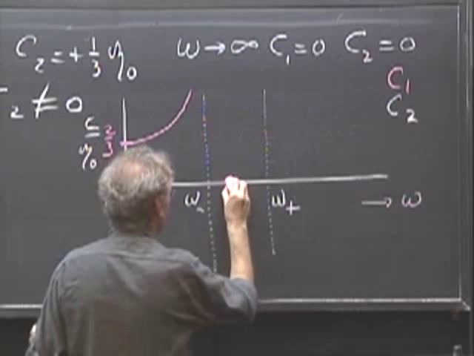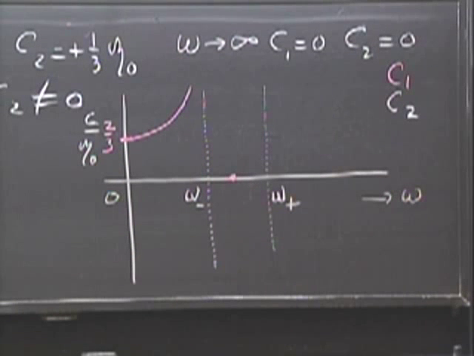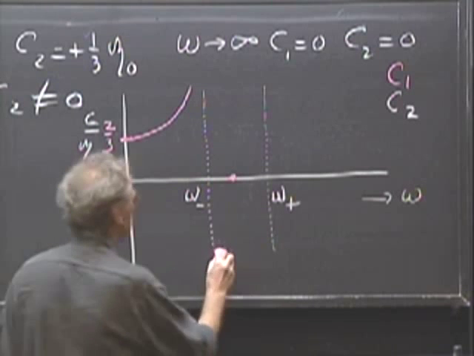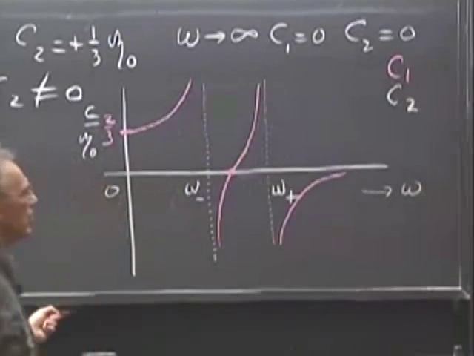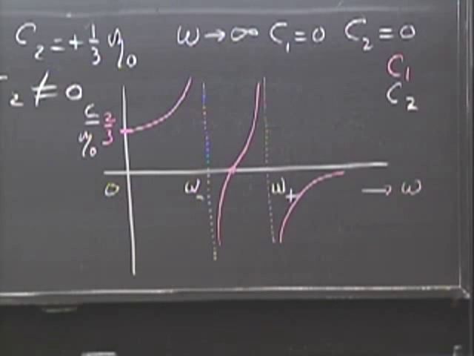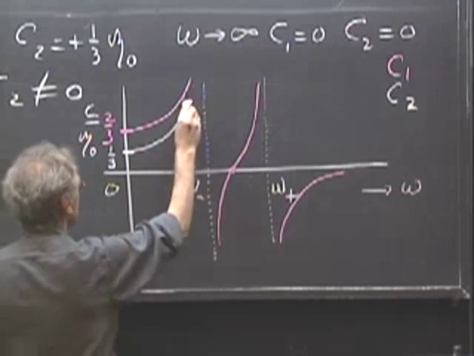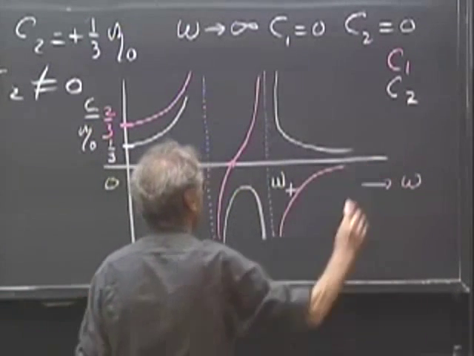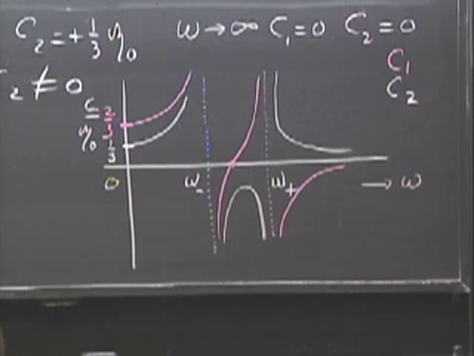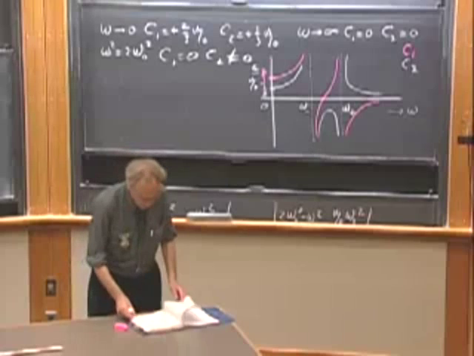And then here, when it is 1.4 times omega 0, the square root of 2, then it goes through 0, it comes up here, and then I get a curve here, without being too precise. And for C2, I get 1/3, and then it goes up, and then C2, something like this, and then I get something like that. Yeah, I can live with that.